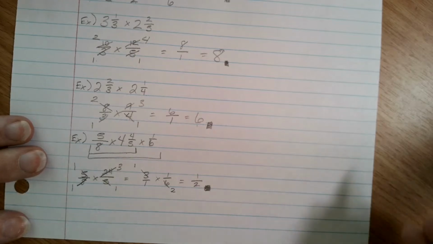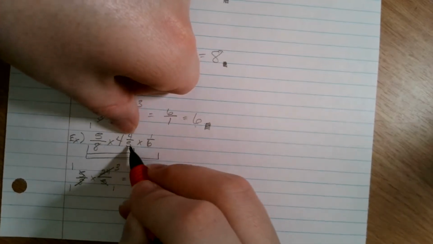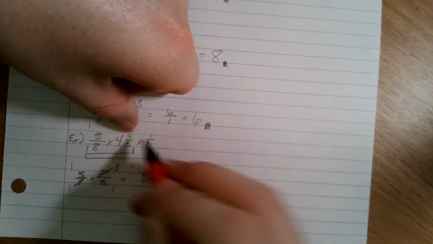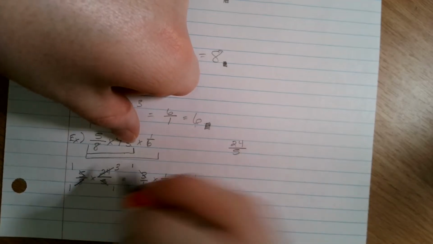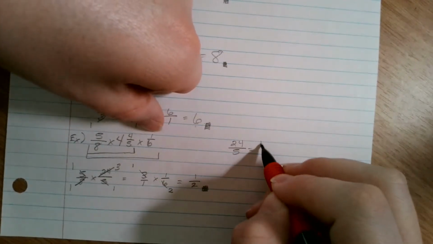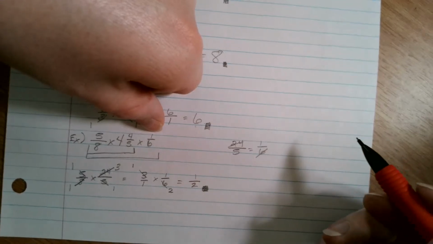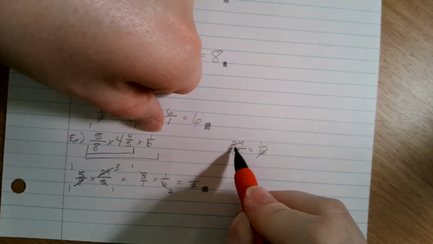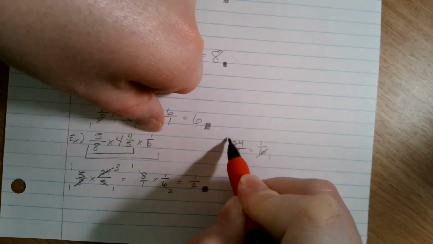And now the other way. So we're going to have 4 and 4/5, which is 24 over 5. Same thing, either way. And 1/6. Well, then the 24 and 6 can reduce. 6 can fit into 6 once. 6 can fit into 24 4 times.